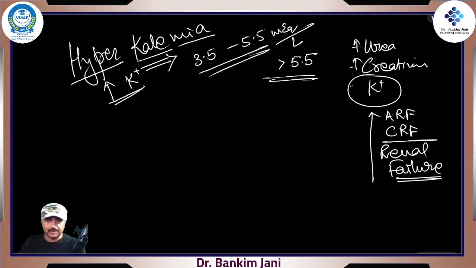You came across such a patient. We'll see the cellular level of what really happens, but because we are discussing clinical, let's finish this first. You come across a patient with a report of serum potassium higher than 5.5.